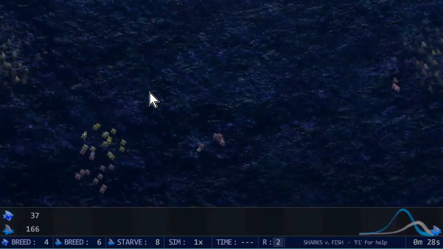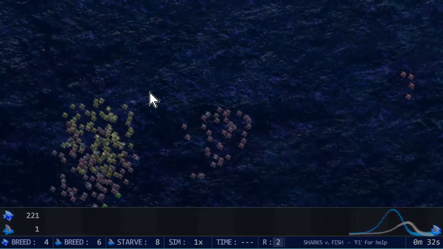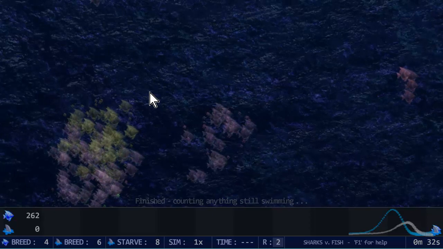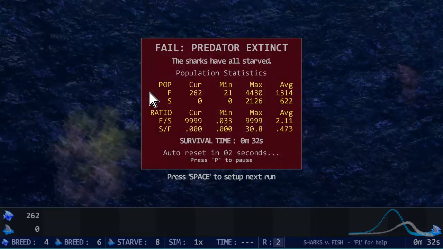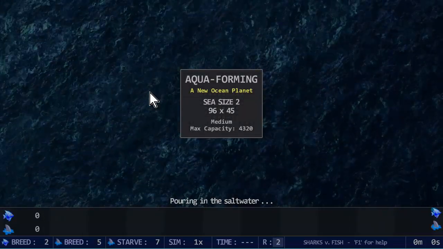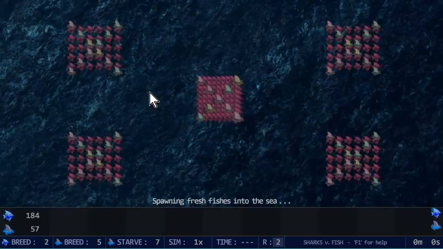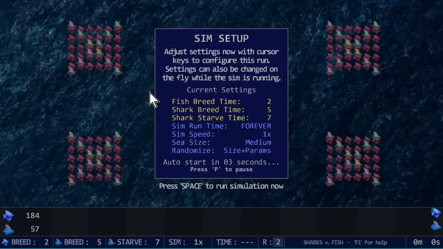Sometimes you can get situations where the population gets dangerously low, and there can just be 1 or 2 hangers-on, and they can come back and survive, and it's fun to cheer for them sometimes. So this is the medium-sized sea.